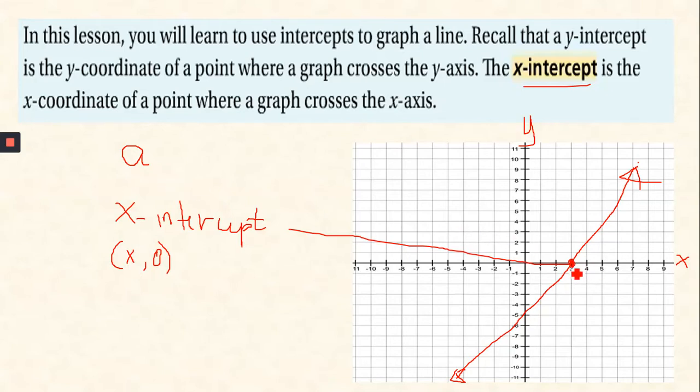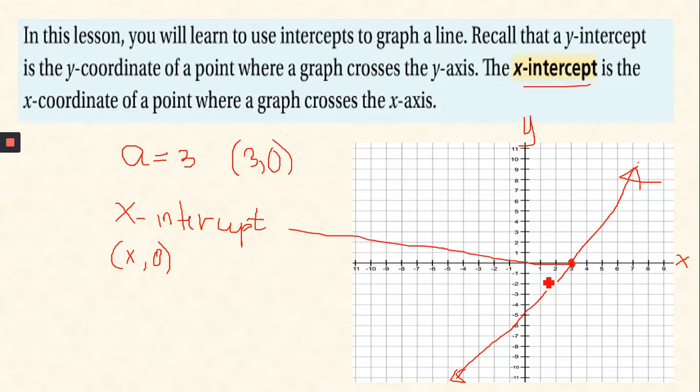So let us say, for example, this is 3, meaning your x-intercept is 3. Or the coordinates of your x-intercept is 3, 0. Okay? So that is what we call your x-intercept.